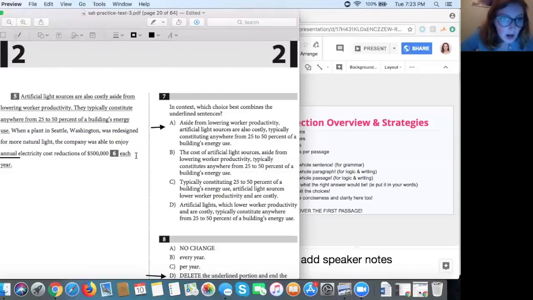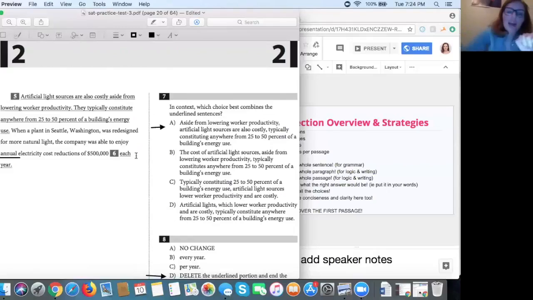So: "Artificial light sources are also costly aside from lowering worker productivity. They typically constitute anywhere from 25 to 50% of a building's energy use." I know logically that I'm trying to combine the second sentence into the idea of its costliness in the first sentence. If I were to just cover, you can't see my hand. I thought you could see that. I am going like this over it.